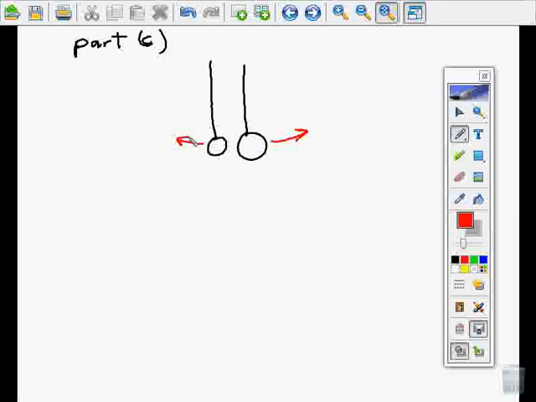But since they're both down on the ground, what don't they have at the beginning? Potential energy. Now, basically what those spheres are going to do is they're going to go until they come to a stop. So they're going to be moving really fast right after the collision, a little bit slower, a little bit slower, until finally they come to a stop. And at that point up here, what kind of energy are they going to have? Potential energy.